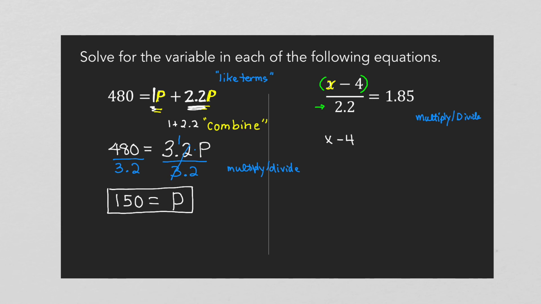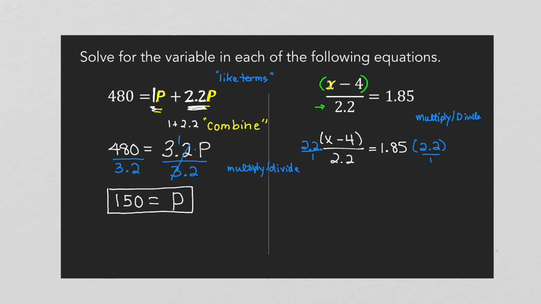So I have x minus 4, and I'll just put those parentheses around because that's really what's happening, over 2.2. And I'm going to multiply the left side of the equation by 2.2, or if you like, 2.2 over 1. And I'm going to multiply the right side of the equation by 2.2, or if you like, 2.2 over 1.